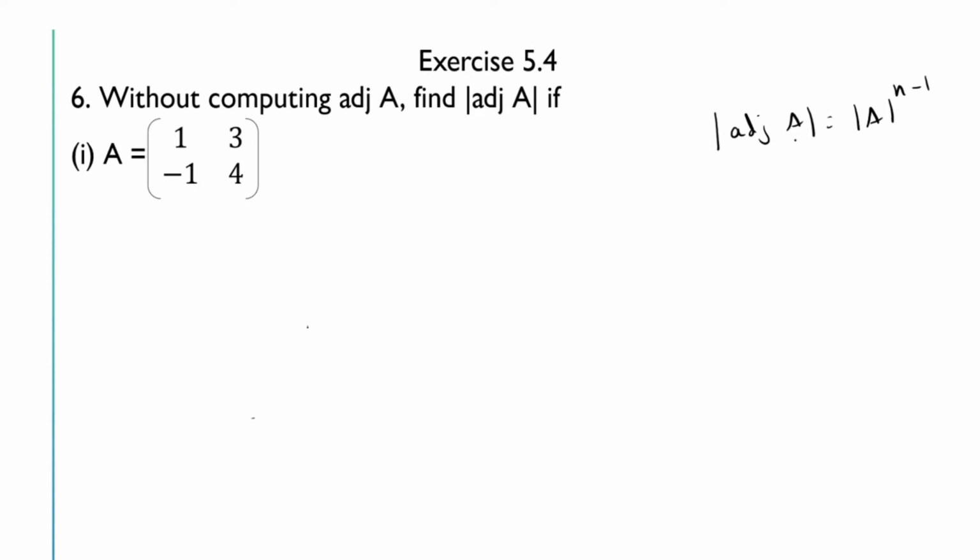Here A is a square matrix of order 2. So determinant of adjoint of A is determinant of A the whole raised to 2 minus 1, which is determinant of A. Determinant of A is nothing but 4 plus 3, it is 7. So determinant of adjoint of A is 7.